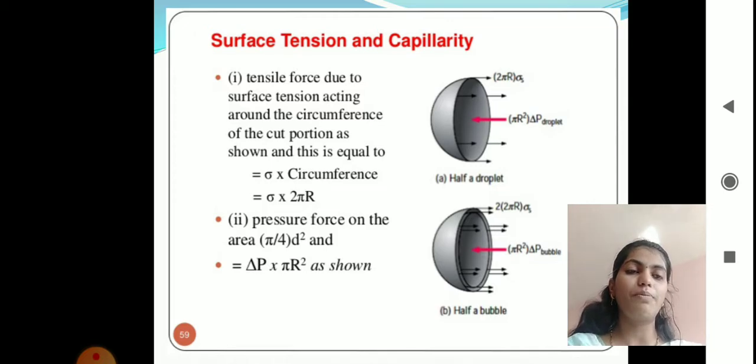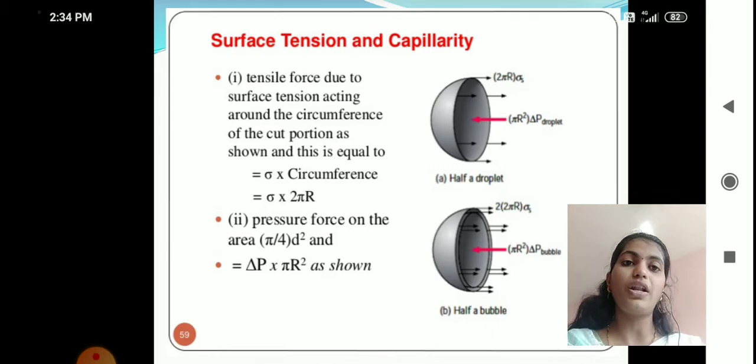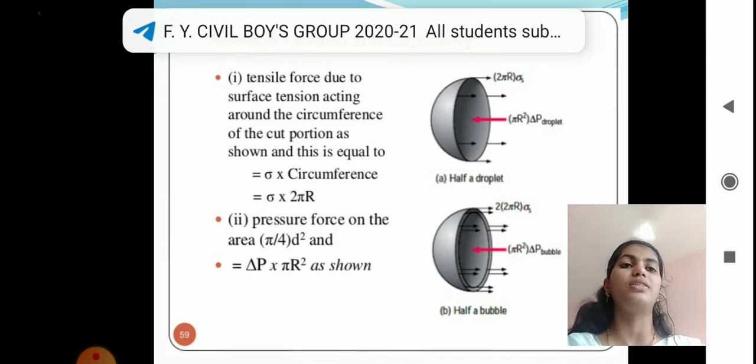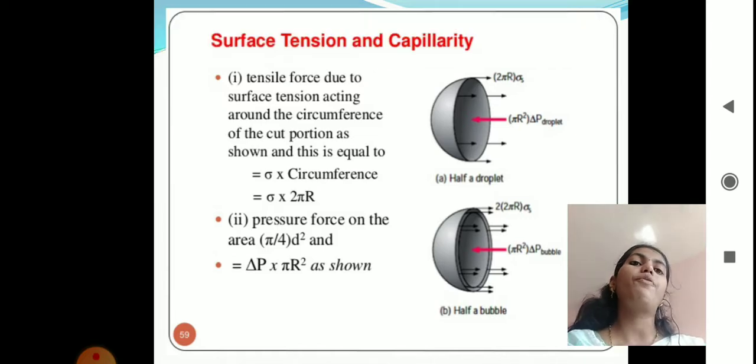The formula of the circumference is 2 pi r. So the force is sigma times 2 pi r.